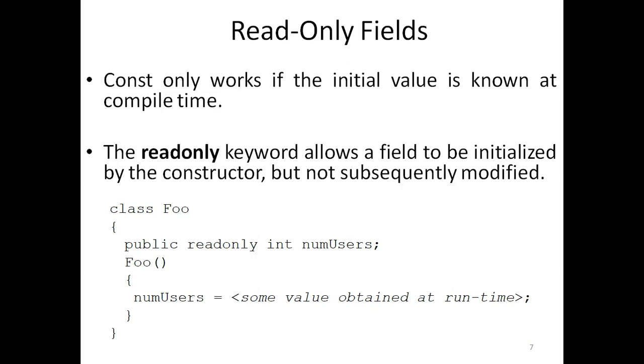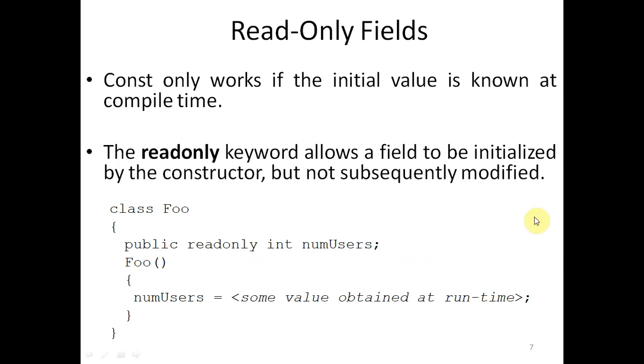So the difference between constant and read-only: basically, constant and read-only are both similar, but a constant variable is initialized with a value known at compile time, while read-only variables are defined inside the constructor.